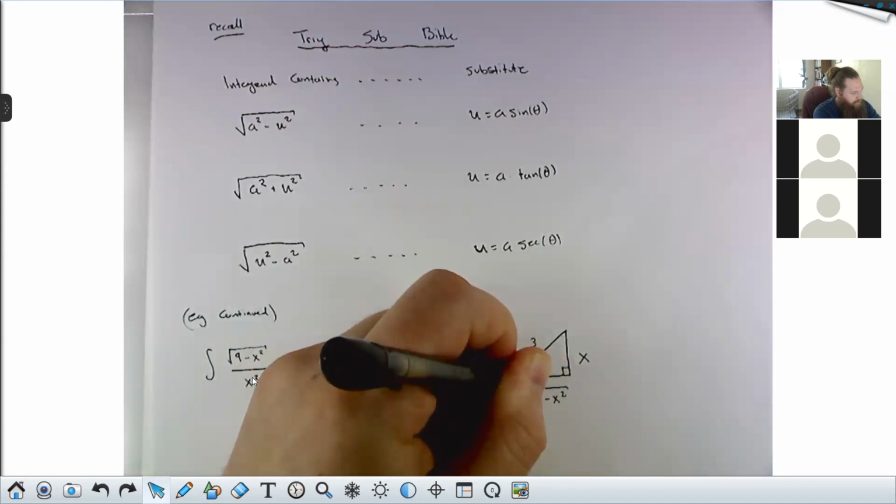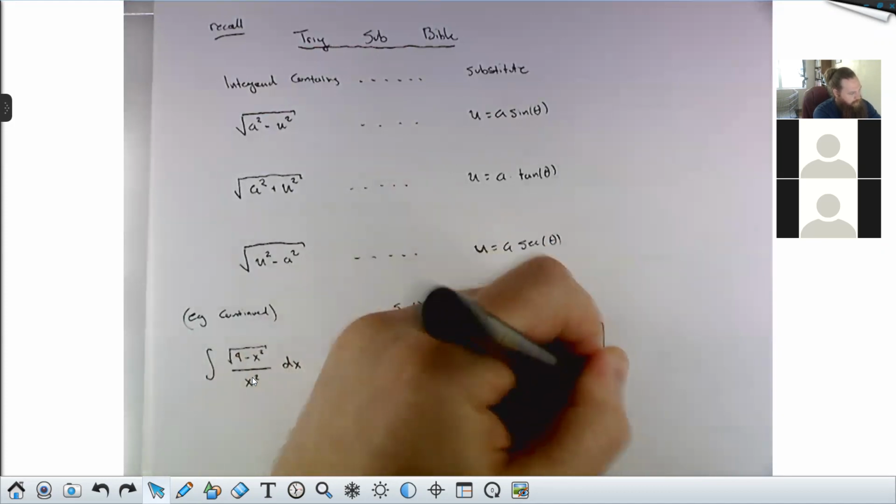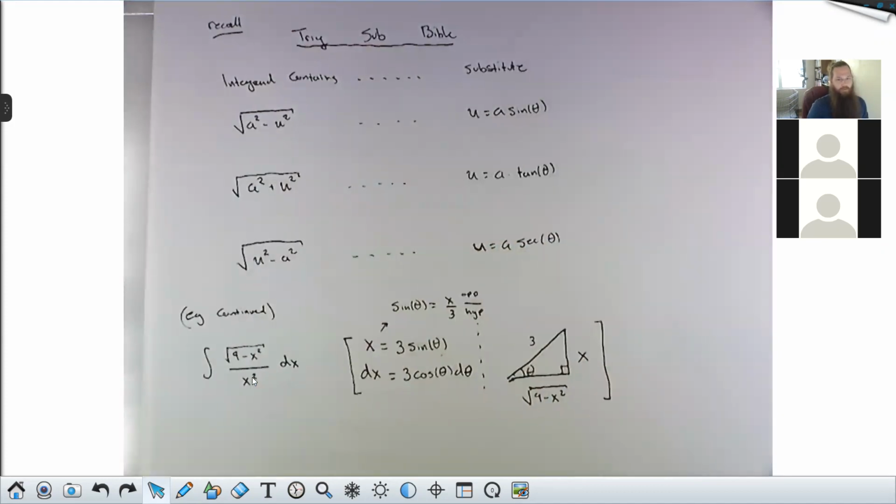So I like to draw that triangle right away. Just get it out of the way. The first two sides you get from your substitution, right? You take this substitution, isolate the trig function. Here we get sine theta equals x over 3. Then you interpret that using your SOHCAHTOA rules, right?